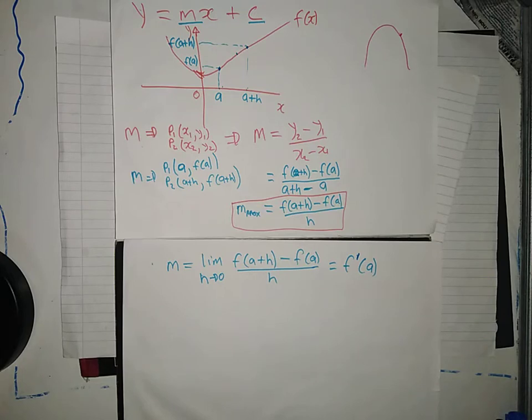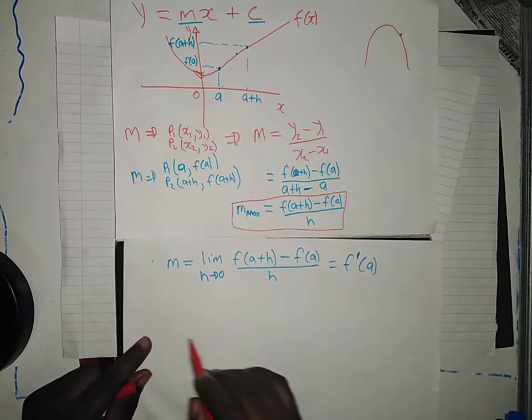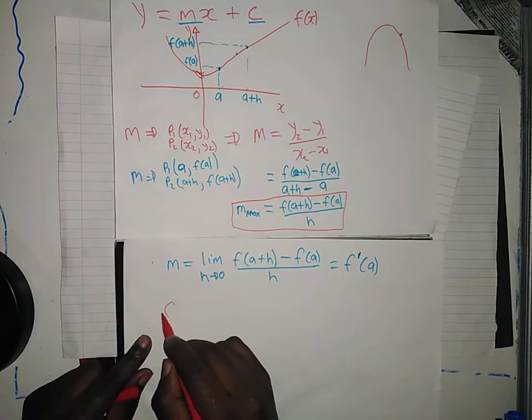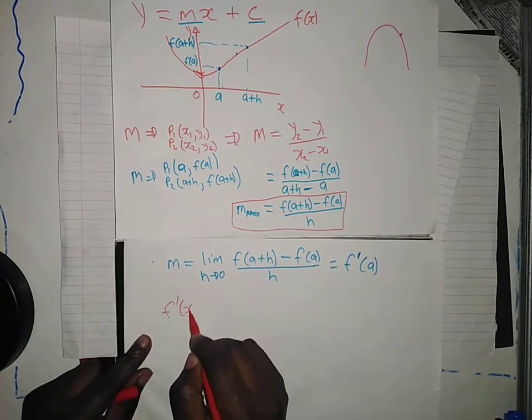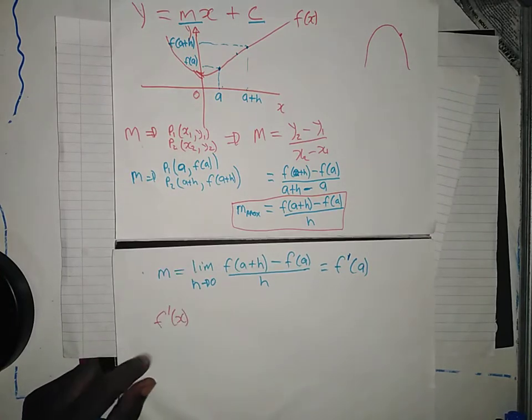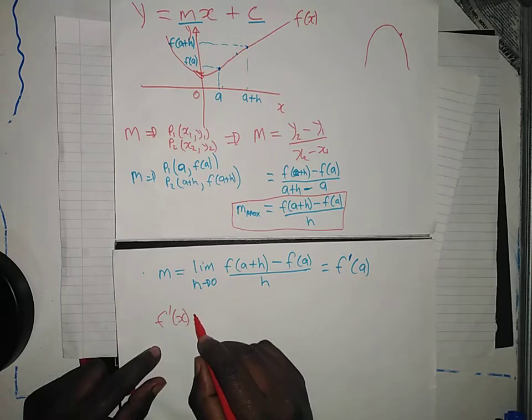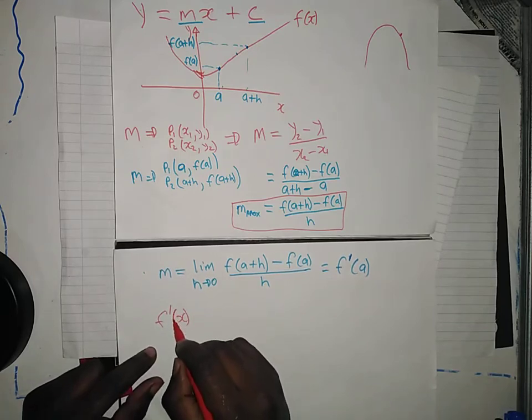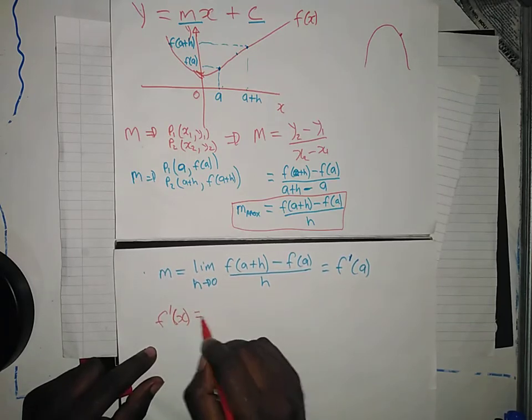So now, in general, and going forward, let me write with the red: f prime at x, if we can take any value along the x-axis, is equal to what?